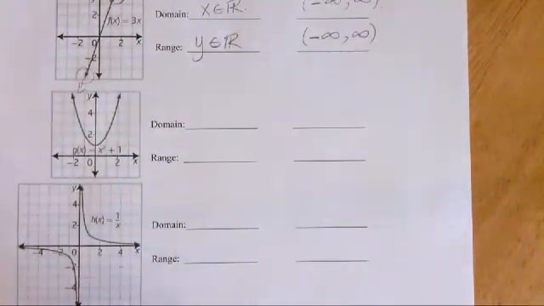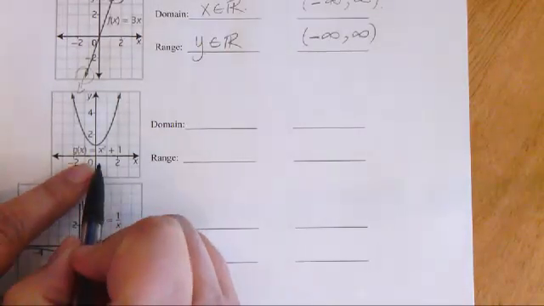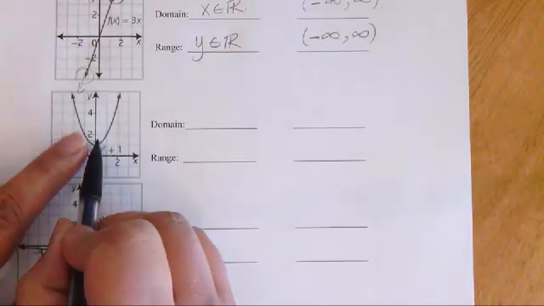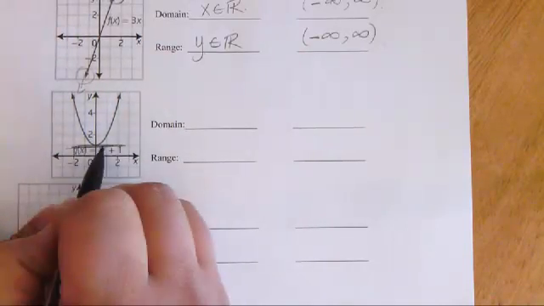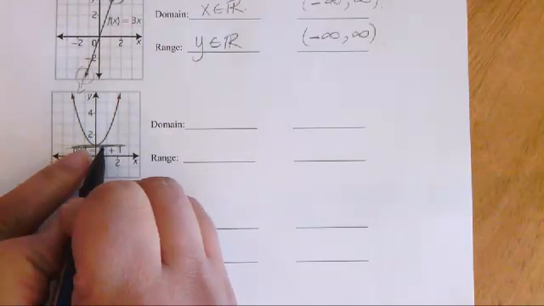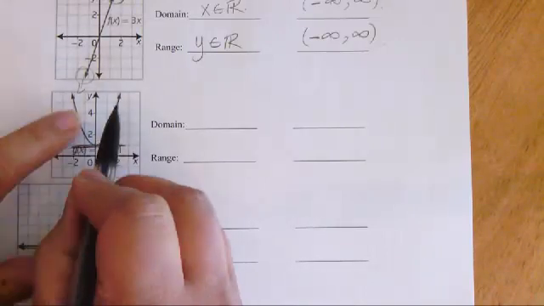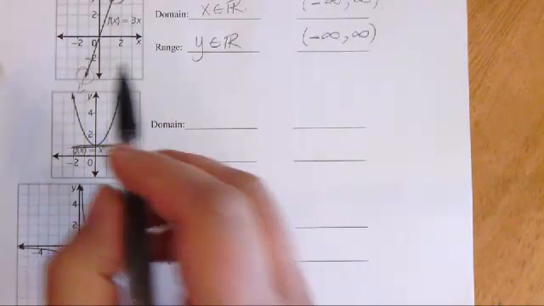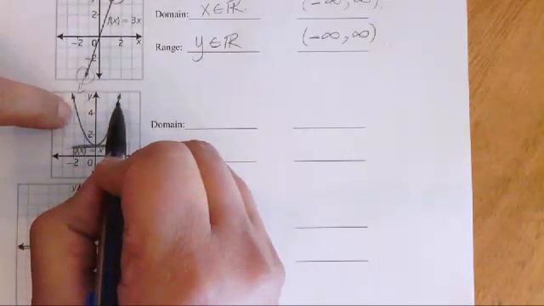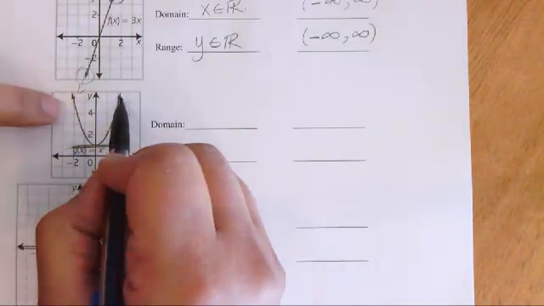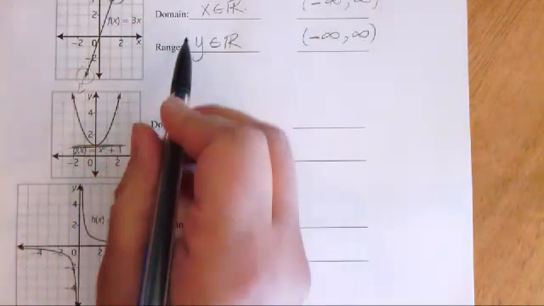All right, so the domain of this guy. Here's a parabola. It's shifted 1 unit up, so my smallest value here is a 1, and that's on the Y values. For the domain, the X's, they're going to keep going that way, when these two arms spread and keep going.